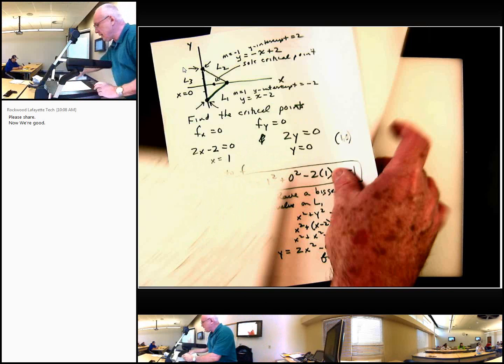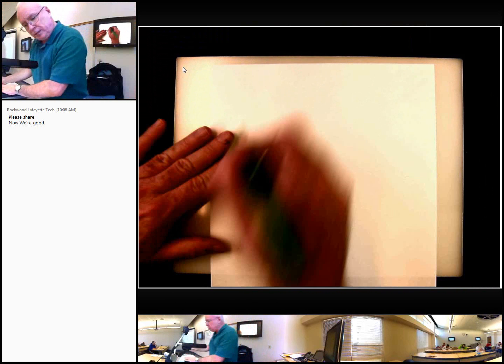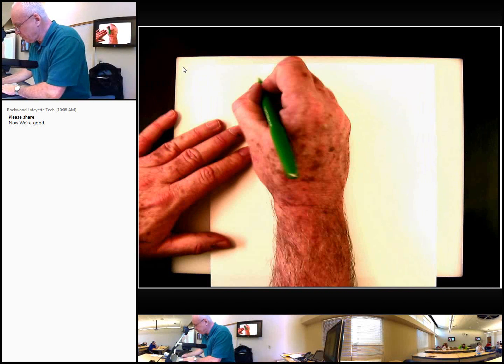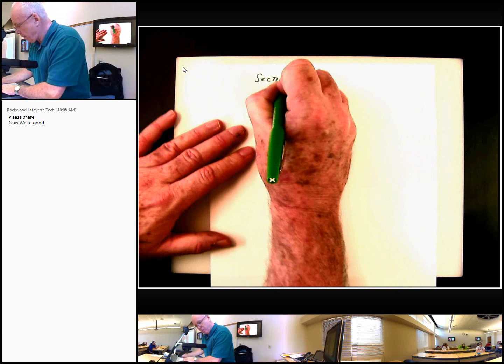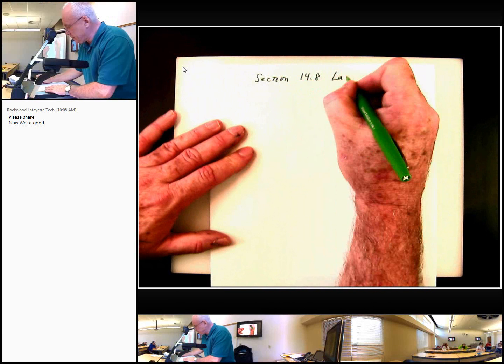So now we're at the last section that's on chapter 14. And this chapter is titled Lagrange Multipliers, after a French mathematician.